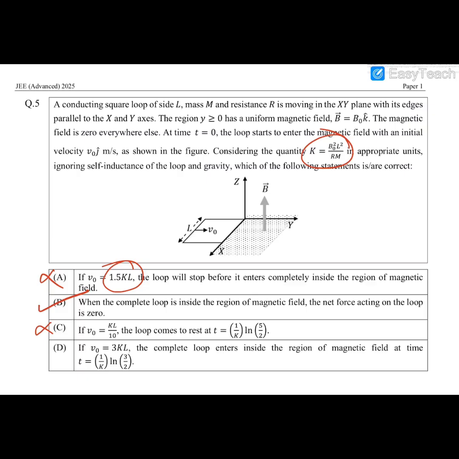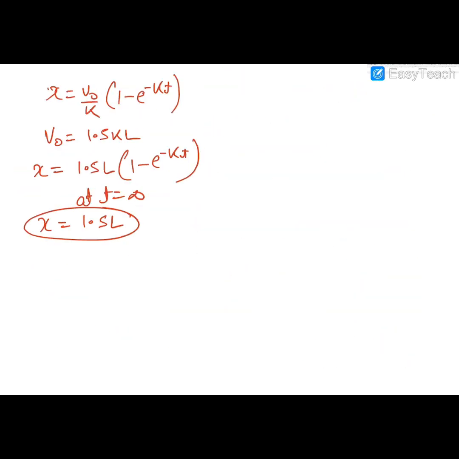And if we check the D option, that if V0 is 3 kL, then the complete loop enters the region of magnetic field in this time. So if V0 is 3 kL, then x will be equal to 3L into 1 minus e to the power minus kt.